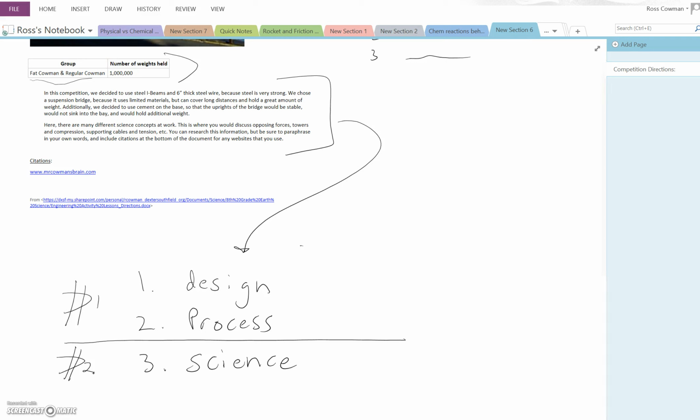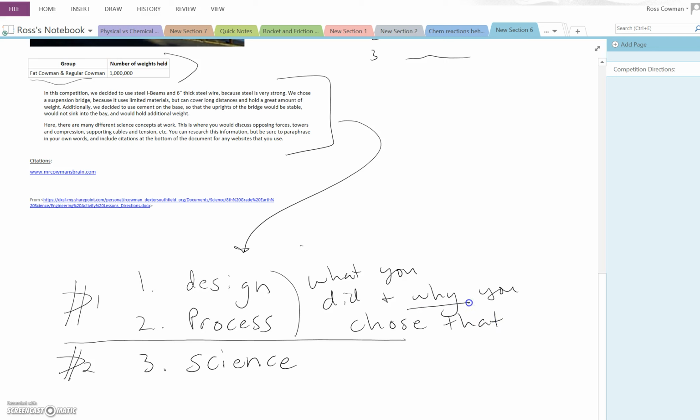However, if we're explaining kind of what you did and why you chose that, a lot of times that explanation of why you chose to build your bridge or your boat the way you did has to relate directly to the science.